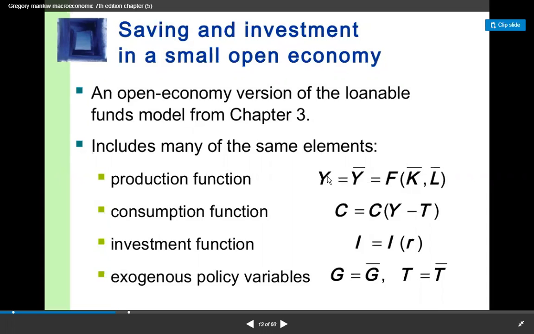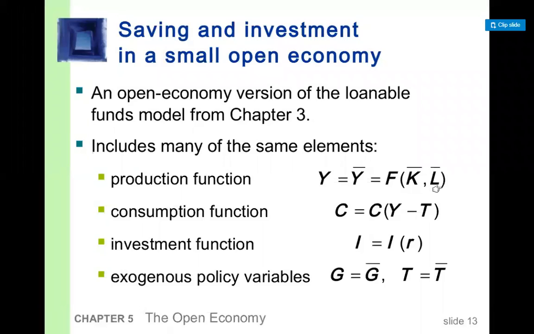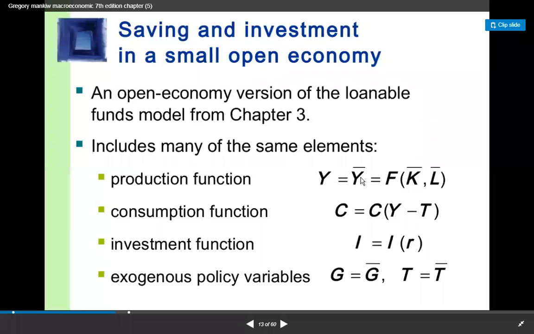In the short run, output depends upon capital and labor. Both capital and labor are fixed. When capital and labor are fixed, then definitely output is also fixed. This is a production function. Then consumption is a function of disposable income, Y minus T.